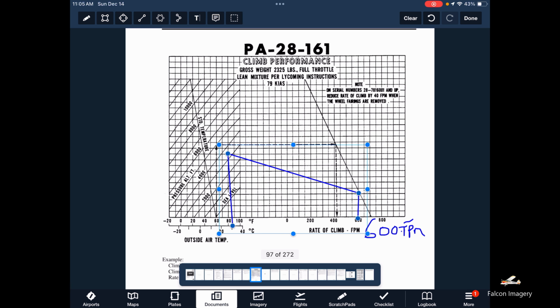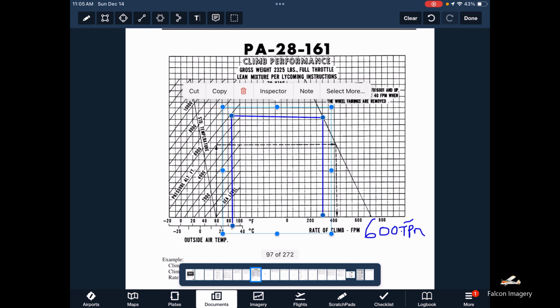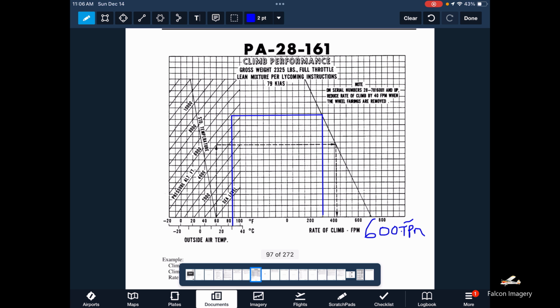Now I'm going to take the square area and block it in, and now I'm going to move my lines up to that roughly 6,000 feet pressure altitude, which again, I'm assuming my pressure altitude equals my sea level altitude right now. Just squaring up my lines. And I can see here the climb rate at roughly 6,000 feet pressure altitude is 300 feet per minute.